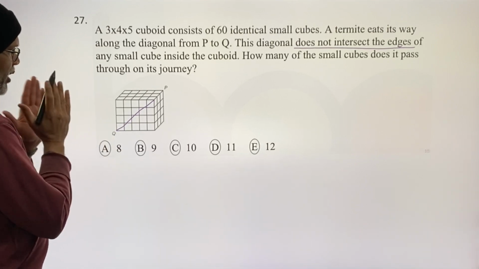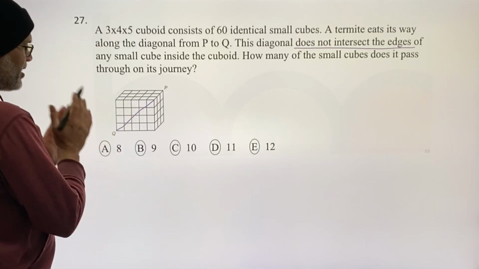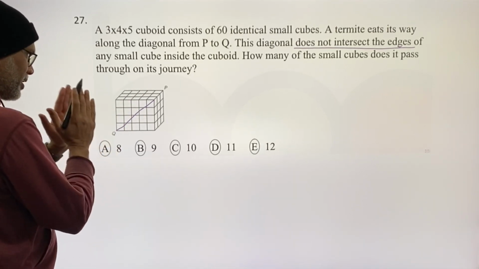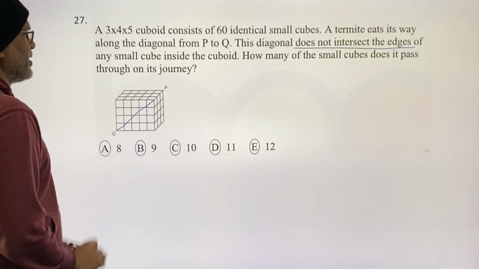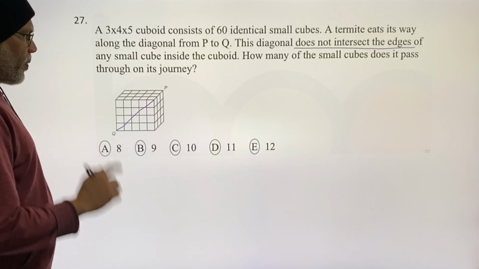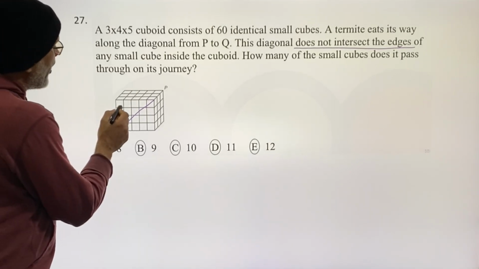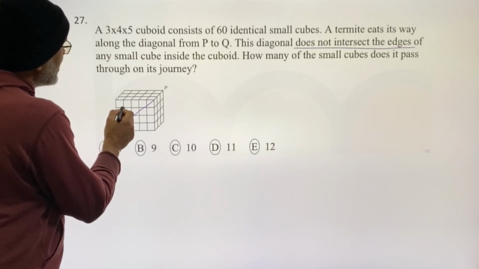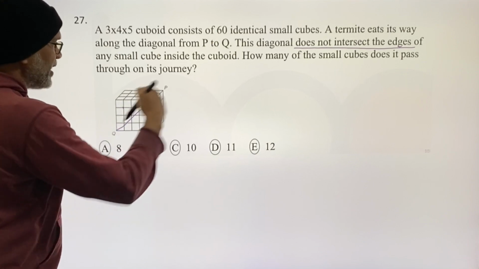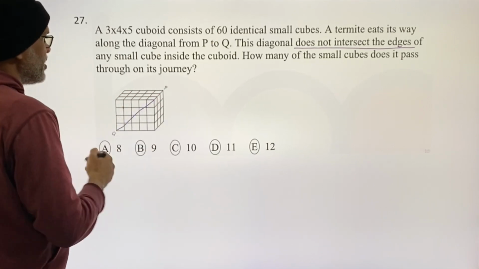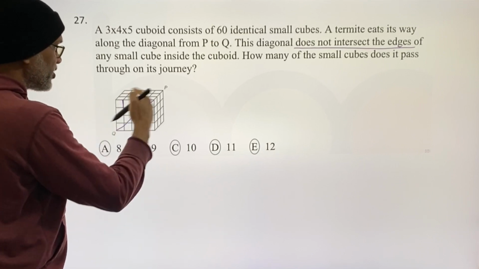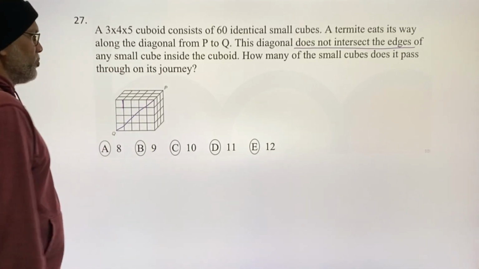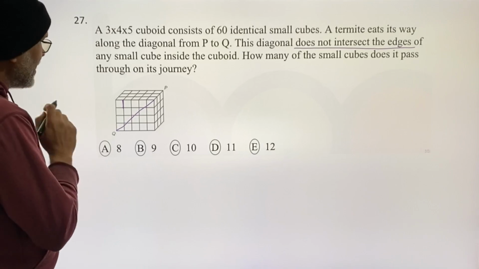So this is what it will look like. It will be a straight line, but it will look like this if I'm looking from this face, right? Now, note that any point that we see in this figure in 3D is actually an edge. But any line that we see in 3D is actually a face of the cube, right? Let's keep that in mind.